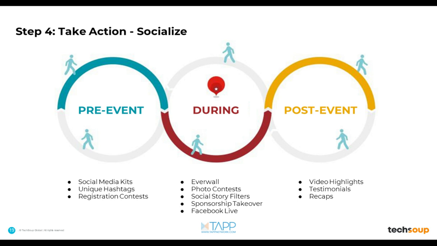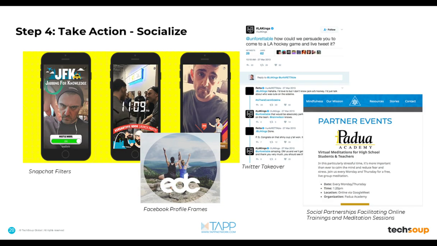On the next slide, I put a couple of options and examples of how you can integrate social media into your event. On the left, we've got Snapchat filters. In the middle, a Facebook profile frame. In the middle right, an example of a Twitter takeover, so maybe find an influencer or popular figure within your sector or industry.